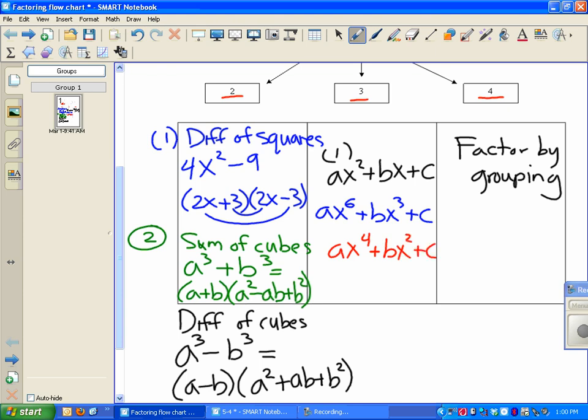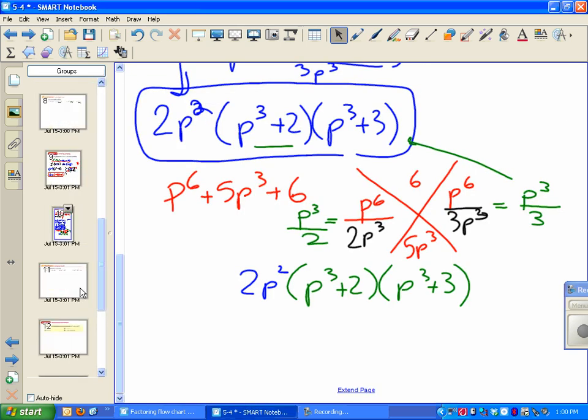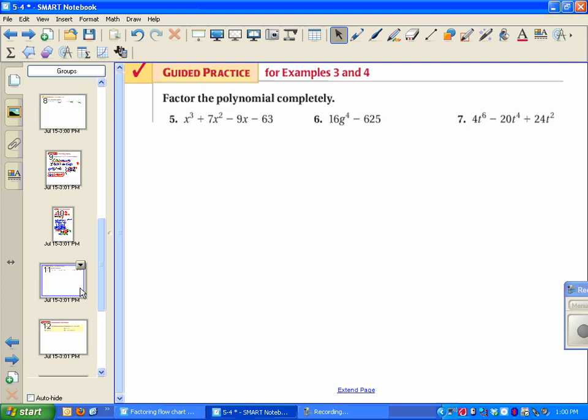You're still just factoring it just like you would in Algebra 1. All right, so let's see, number 5, again, it's 4 terms, so refer back to your sheet. Number 6, you're factoring it just like you would for 16g squared minus 625. And then number 7, look for a GCF.